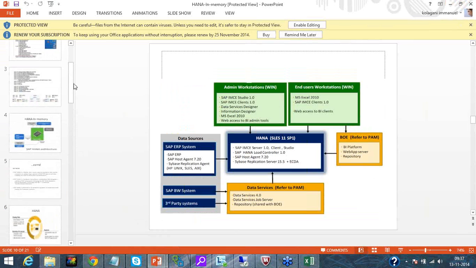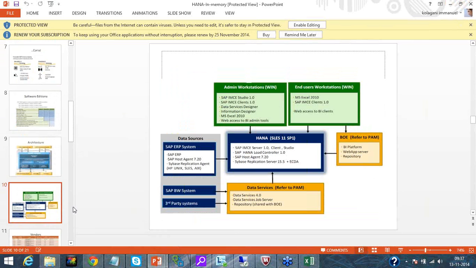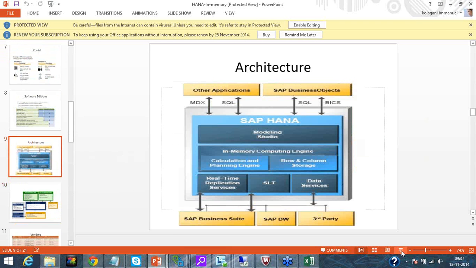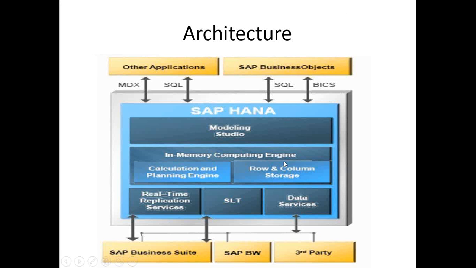So basically, this is the architecture of SAP HANA. It does not have a proprietary reporting tool. It uses a lot of different reporting tools that can be used on top of it, like Business Objects Enterprise reporting tools: Crystal, Xcelsius and dashboards, Web Intelligence, and then you can have Explorer and Analysis.